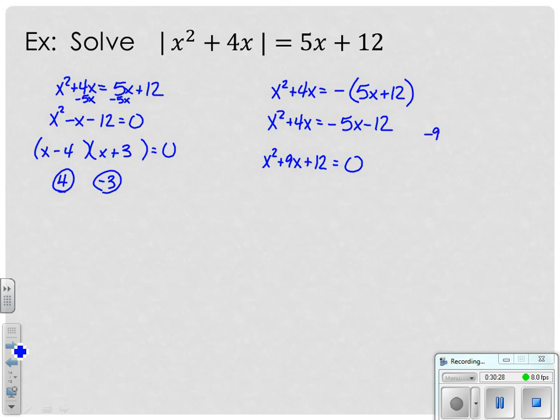So negative b plus or minus the square root of b squared minus 4ac, all over 2 times 1. Simplify. We get 81 plus 48.